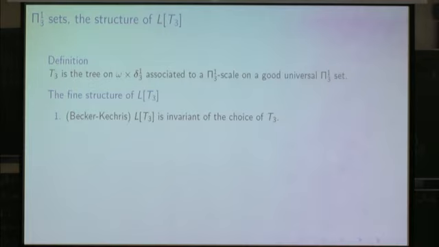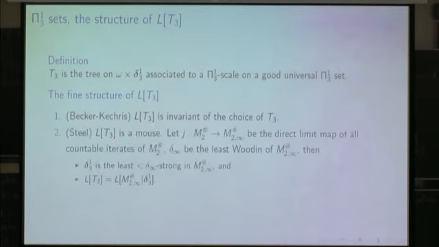the model L[T3] is an invariant model in descriptive set theory, in the sense that it does not depend on the choice of the scale or the universal Π^1_3 set. So this object L[T3] is a very canonical object in descriptive set theory, and it turns out to be a mouse.